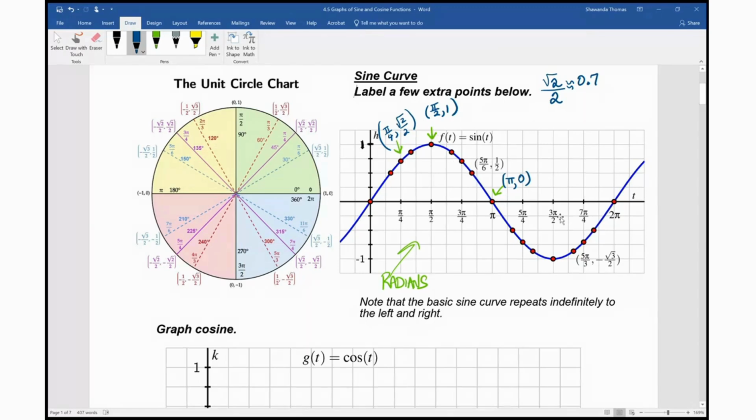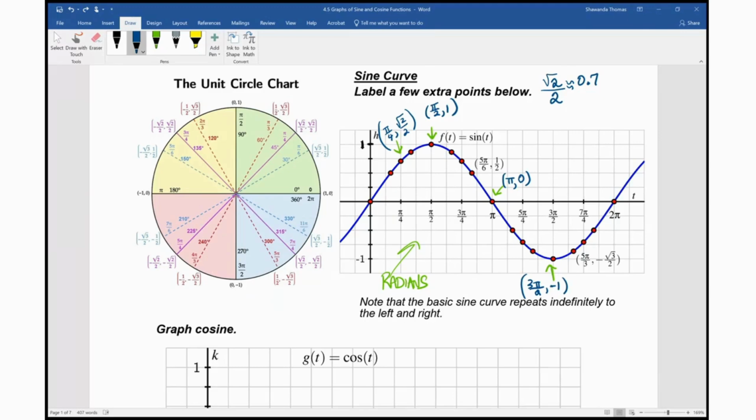All right, what about 3 pi over 2? Sine of 3 pi over 2 is negative 1. Okay. 3 pi over 2, negative 1. All right, good, because right here, sine is negative 1.